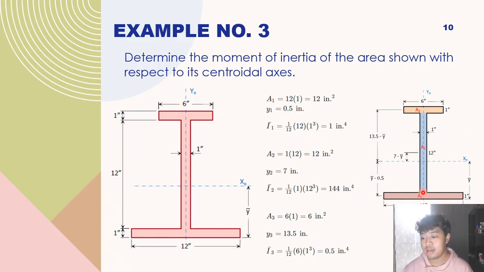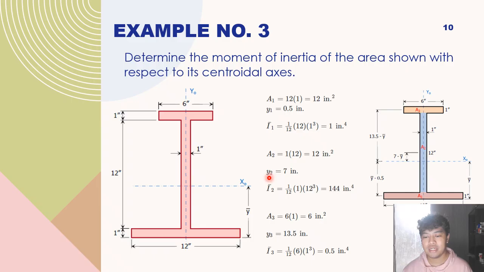For the second area, we have here the web, wherein our web has a height of 12 inches and a thickness of 1 inch. Because of that, our area is 1 times 12, equal to 12 square inches.